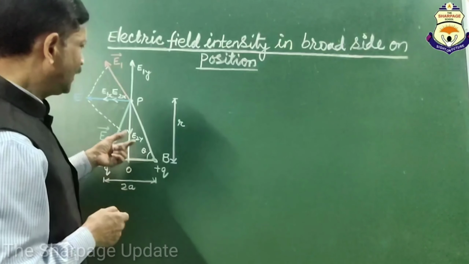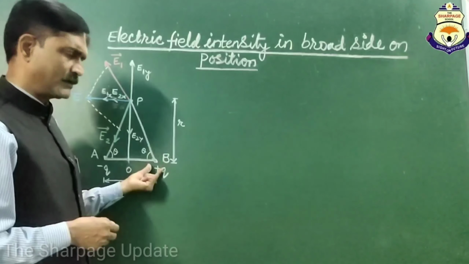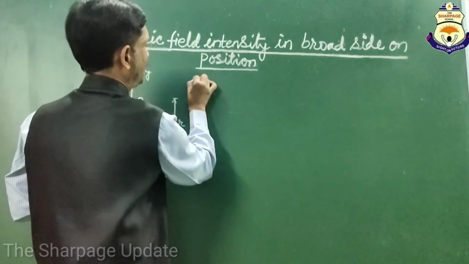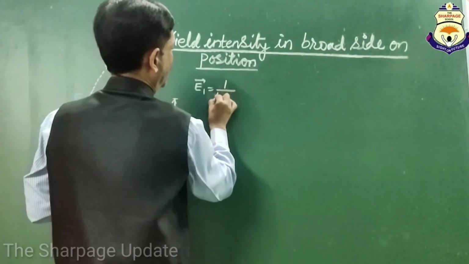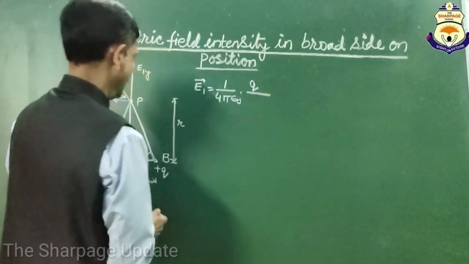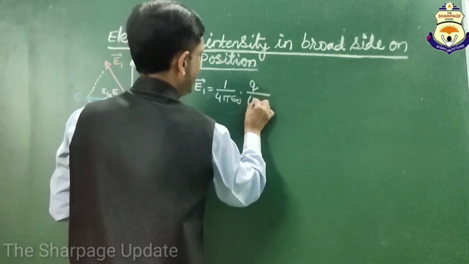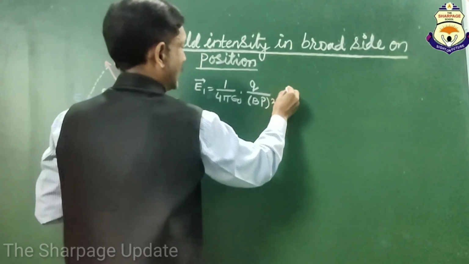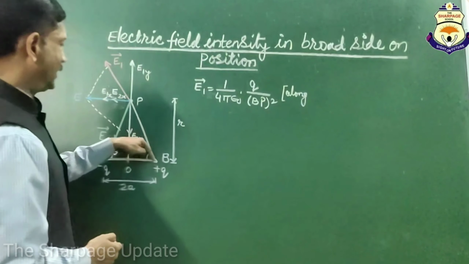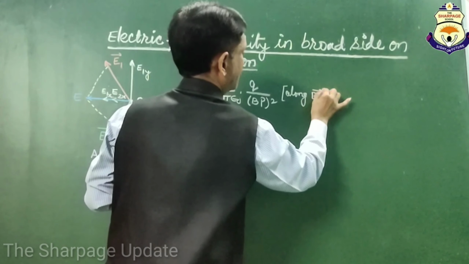Now friends, you can see here E1 is the electric field intensity due to the +Q charge. So the magnitude of E1 will be E1 equal to 1 upon 4 pi epsilon 0 into Q divided by the distance between P and the +Q charge, which is BP, so BP square, and the direction will be along BP.